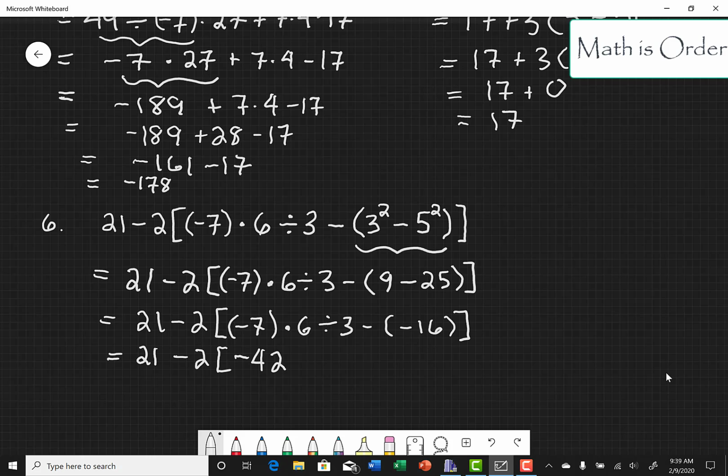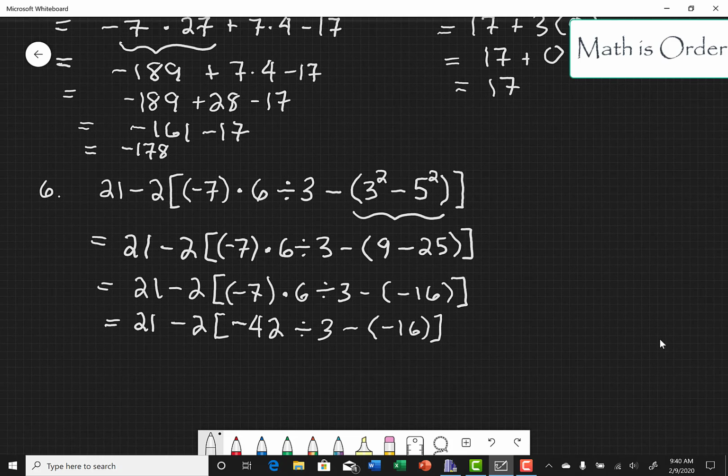And I'll rewrite the other parts of the expression. Okay, now negative 42 divided by positive 3 is going to give us a negative 14.